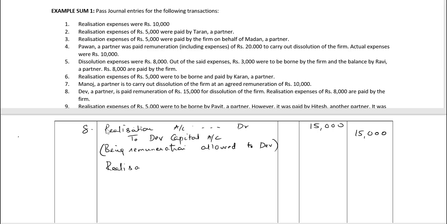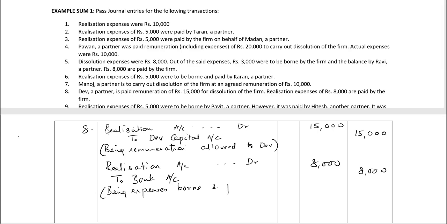The second part of the question, realization account debit to bank account. ₹8,000. Being expense borne and paid by firm.